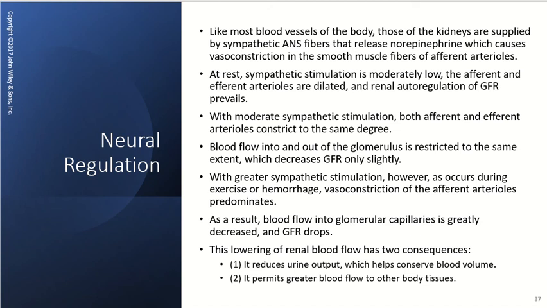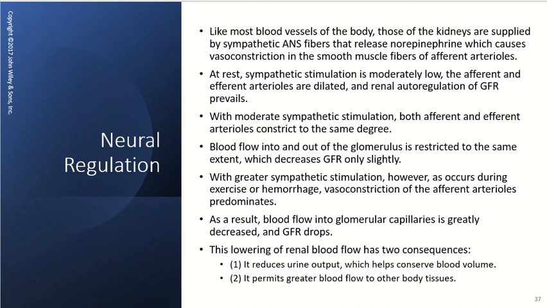So at rest, the sympathetic stimulation is going to be moderately low, and the afferent and efferent arterioles are going to be dilated. And that renal autoregulation of the glomerular filtration rate is going to prevail. It's what's going to regulate things primarily.